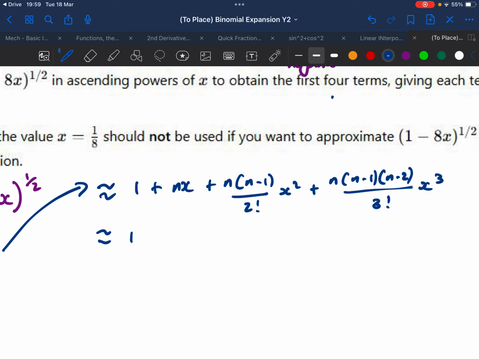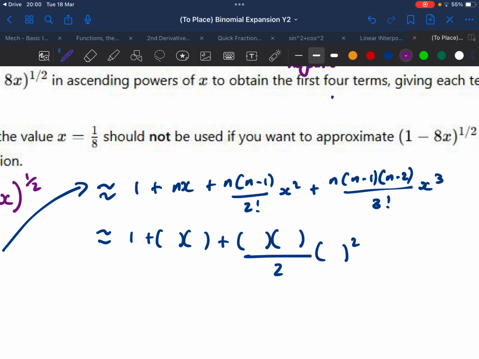Now, let's keep this going. So 1 plus, I'm now going to put lots and lots of brackets in. nx, for example, I'm going to write like this. It's up to you how far you want to take this. You can really go overboard with the minus 1, but I'm just going to do it like this. 2 factorial is just 2.